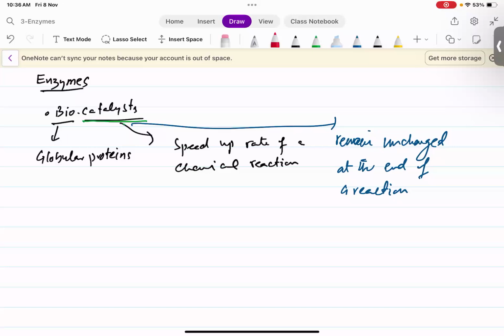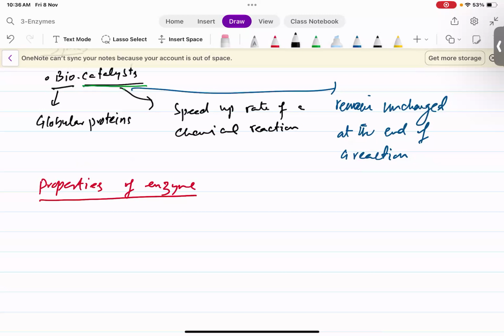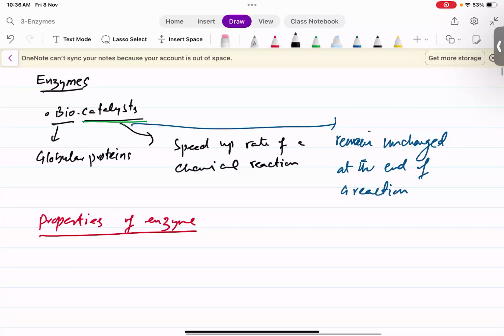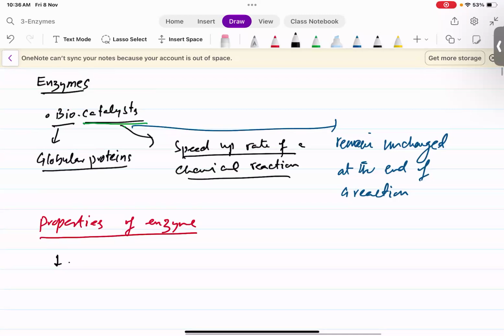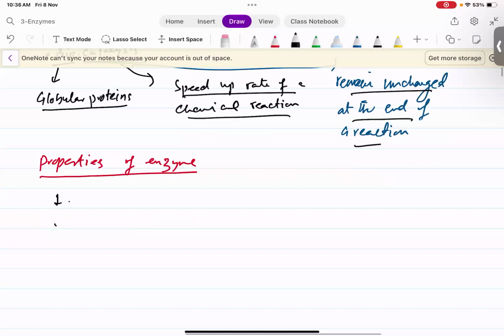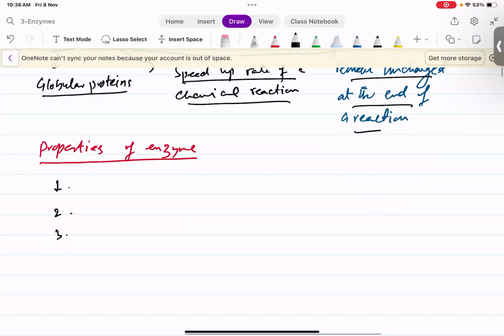If we look at the other properties of enzymes, as we said earlier, they are globular proteins. So this is point number 1. Then they speed up the rate of a chemical reaction without being changed at the end. This is another property of an enzyme. Then enzymes lower the activation energy.